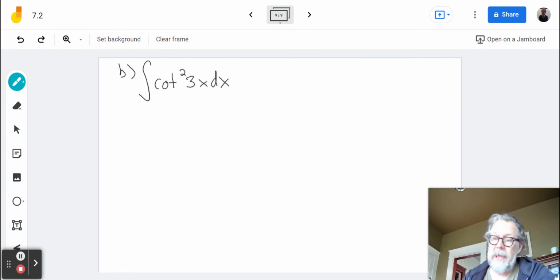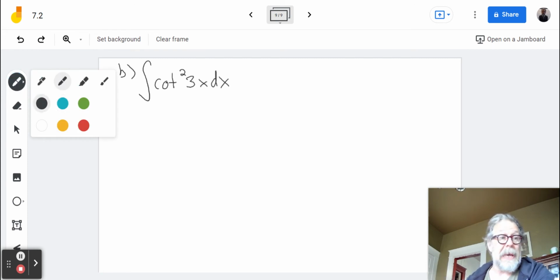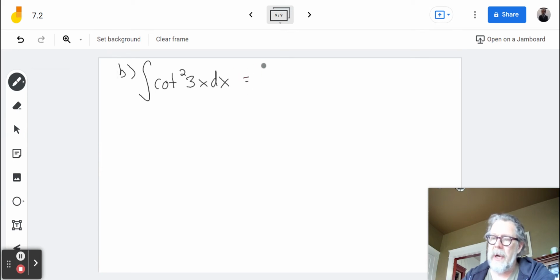So this time, because we don't have an antiderivative of cotangent squared, making u equal to 3x doesn't actually help us. But what we do know is that there is a trig identity that says that cotangent squared is equal to cosecant squared minus 1.